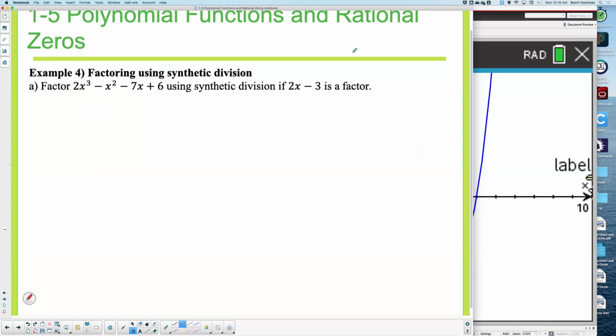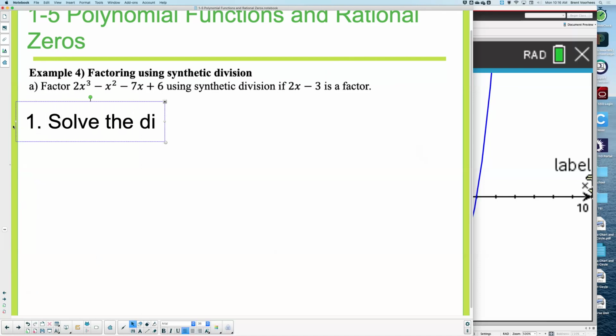So synthetic, some of you might have learned in your algebra 2, but a lot of you probably did not. The first step to synthetic, let me write this out. I'm going to type this in. Step 1 is you solve the divisor for X. As I type this in, I don't want to take up too much space, so I'm going to change this where it's a little bit smaller.